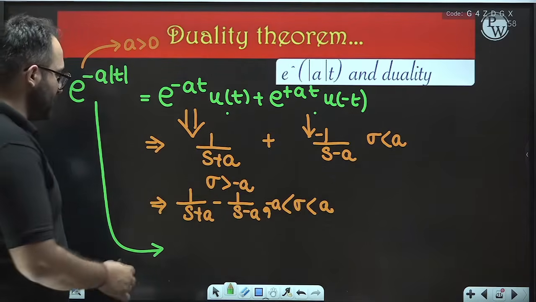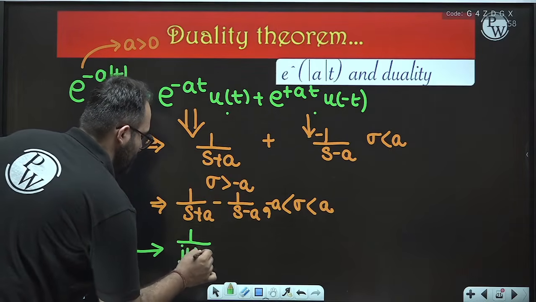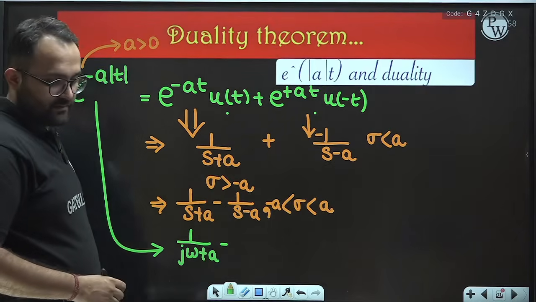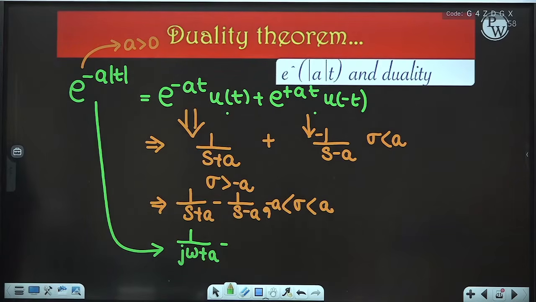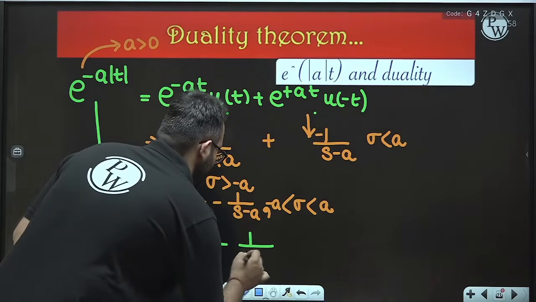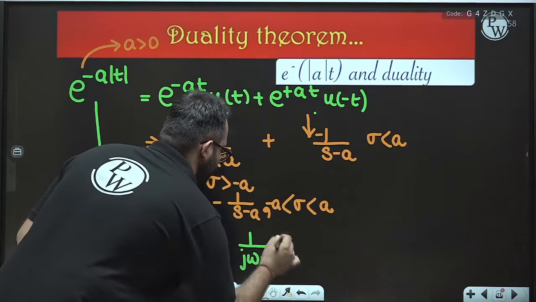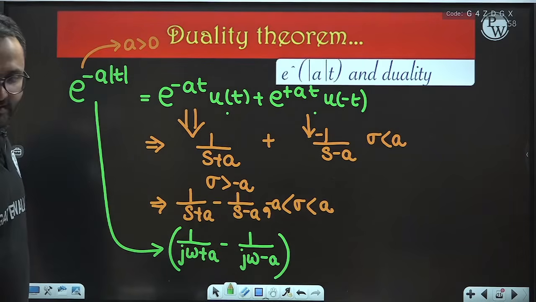The Fourier transform will be 1 upon j omega plus a, minus 1 upon j omega minus a. So if we combine these two, we can easily get the result.